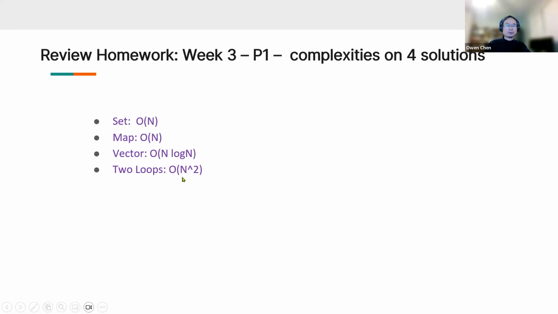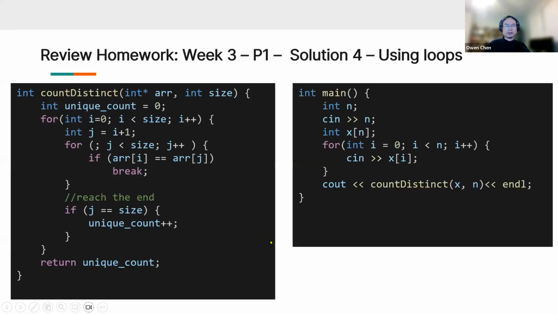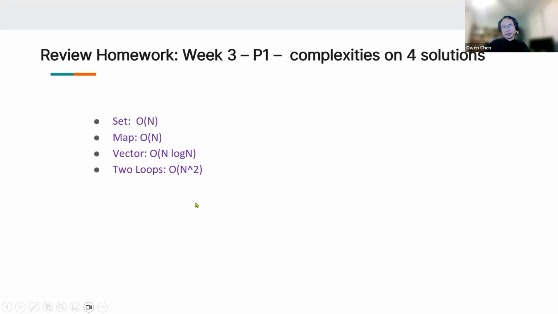But when we do the two loops in the function that we write ourselves, even though J starts from I plus 1 and is not the complete n, this size is n. It could be like half of n, for example, but n times half of n is still n square. So in terms of efficiency among those four solutions, set and map are definitely the most efficient.